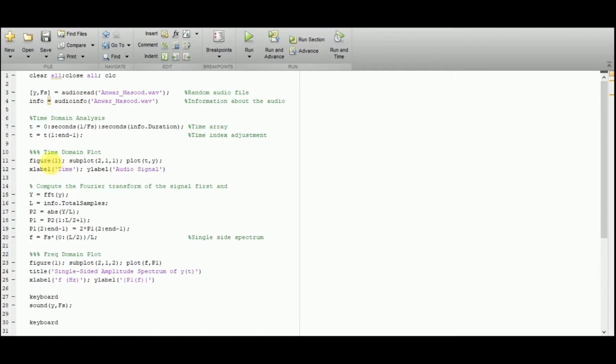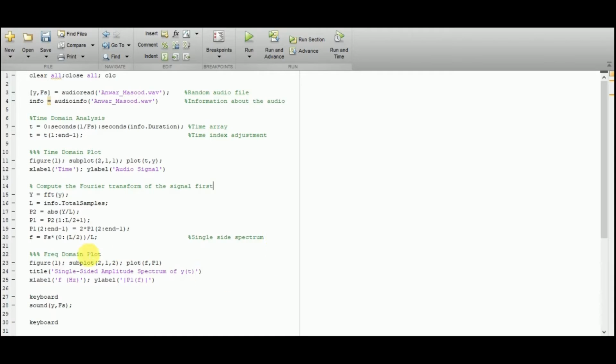So I have set figure 1, subplot 211, plot t with respect to y. Furthermore, I am also interested in the Fourier transform of this signal, right? So I would do a fast Fourier transform, and I would set the total number of samples from the info file, which is already here, and I would do this process to achieve a single side spectrum.